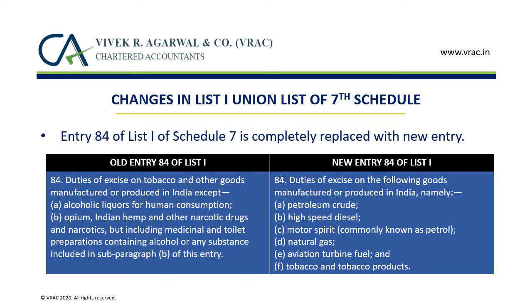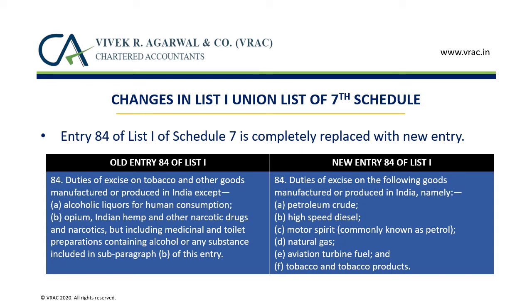Now coming to the changes made in the 7th schedule. I will explain the amendments made in the List 1, which is Union List. Entry 84 of this list is completely replaced with a new entry. The table shows the old entry, and the new entry.